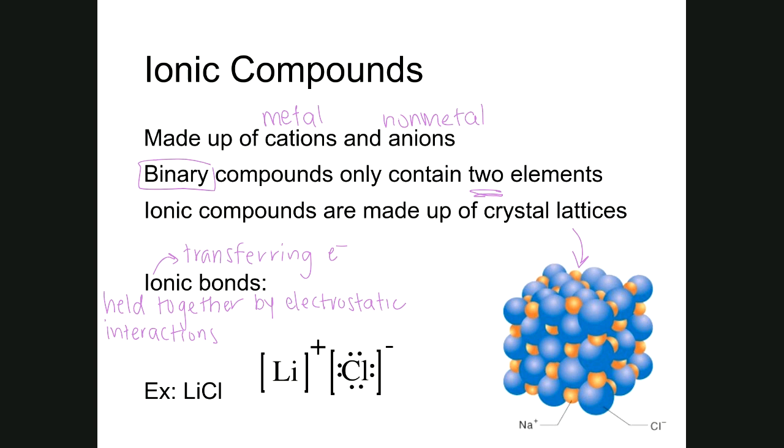This drawing, with the brackets in particular, is called a Lewis structure. And a Lewis structure is just a representation, it's a drawing of how we show a molecule is bound together. So let me show you how we came up with that Lewis structure for lithium chloride, and then we can do another example.